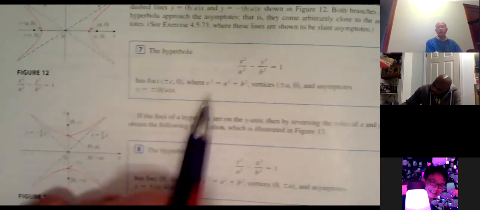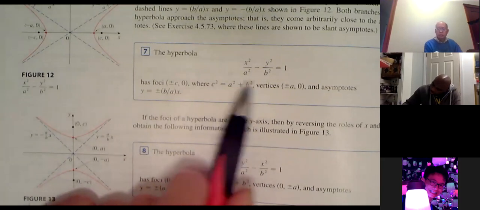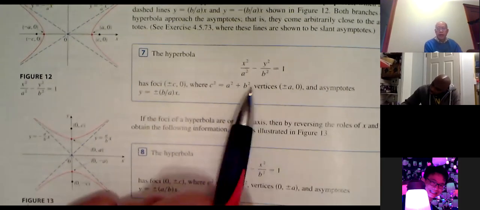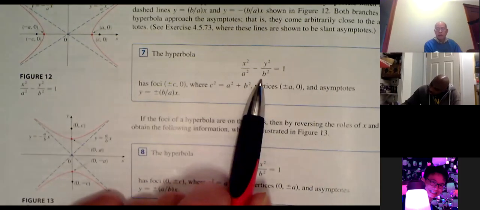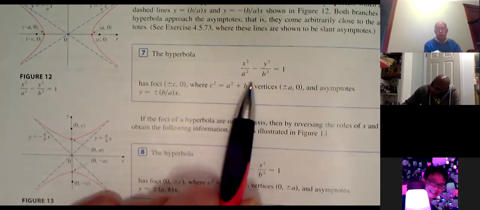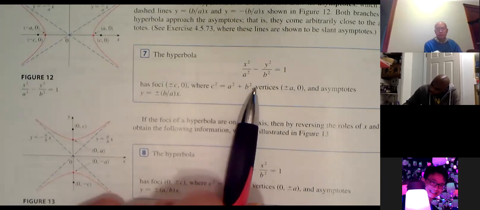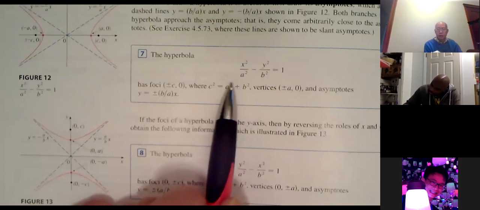Something else about the hyperbola, A and B have no relation in terms of which is bigger or smaller. A might be bigger than B, A might be less than B, A could even be equal to B. Those are all allowed for the hyperbola. For the ellipse, you might recall we said A was going to be bigger than B. Not for the hyperbola.